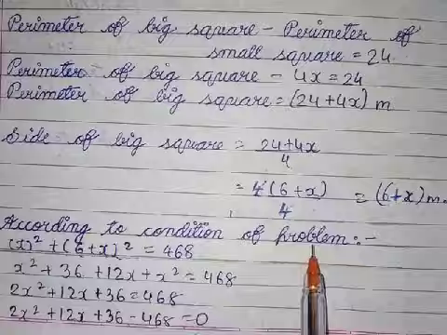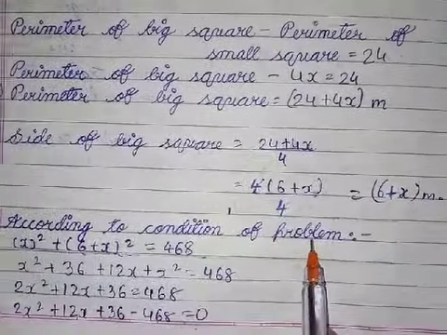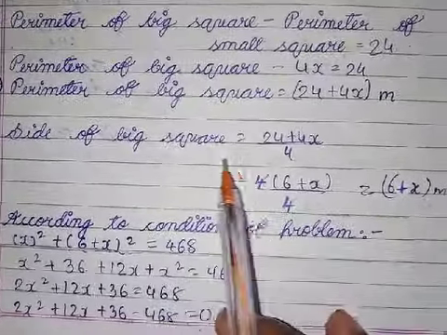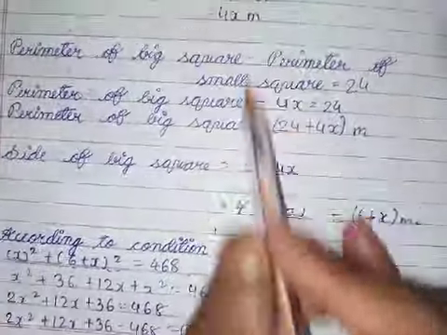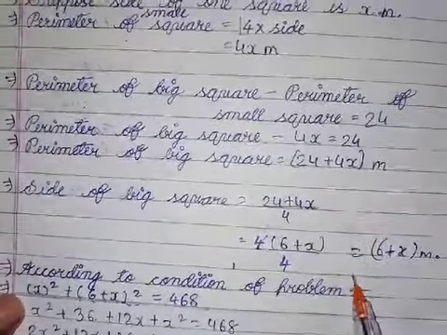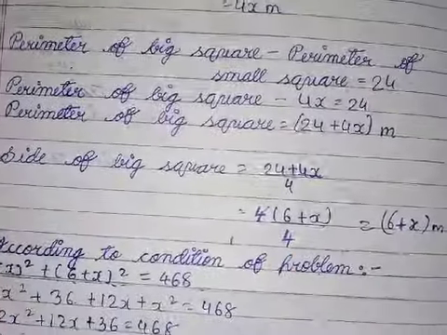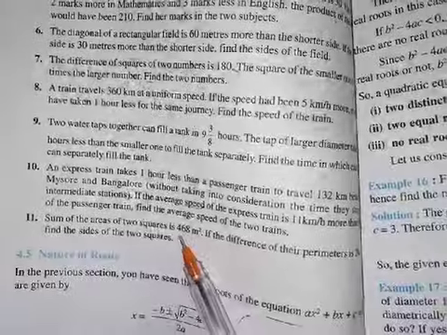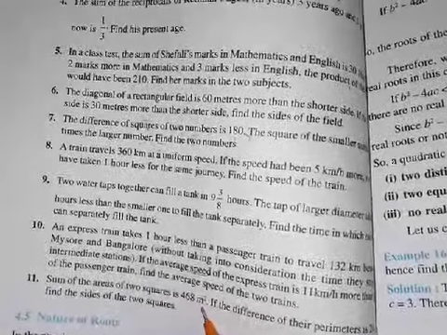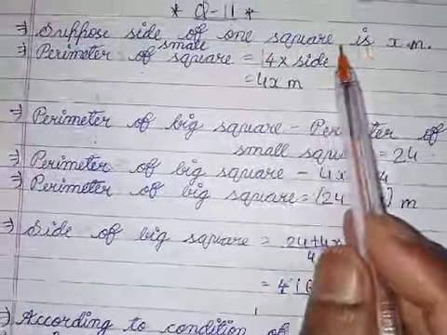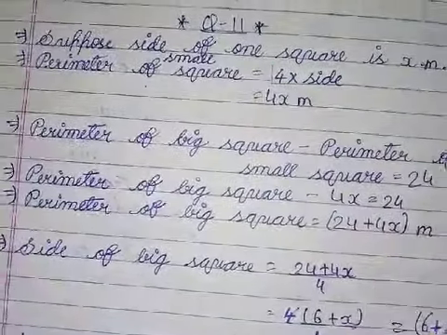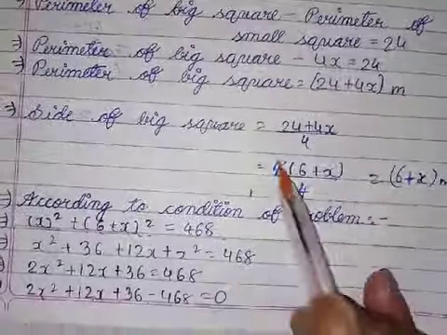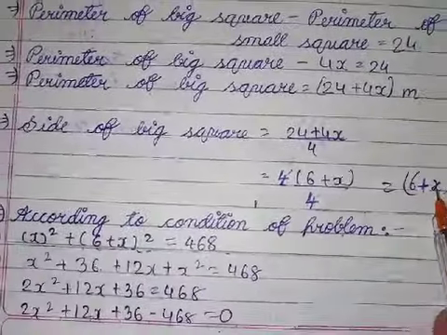So according to the condition of the problem, what is given to us is that the sum of the areas of the two squares is 468 meter square. The side of the smaller square is x, and the side of the bigger square is x plus 6.